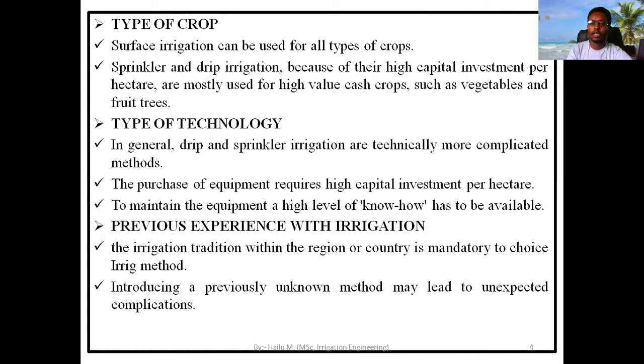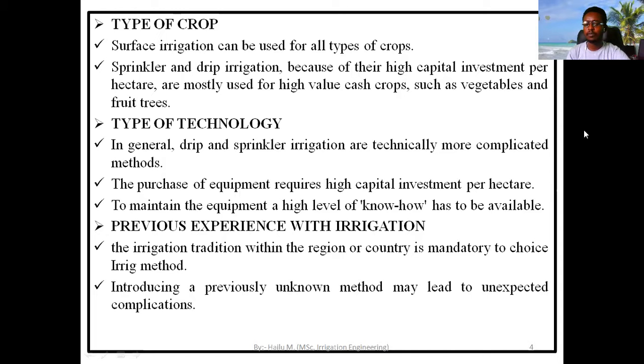When we come to the type of crop, normal surface irrigation can be used for all types of crops. Sprinkler and drip irrigation, because of their high capital investment per hectare, are mostly used for high-value cash crops such as vegetables and fruit trees.